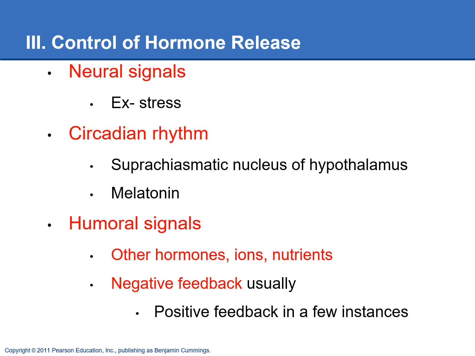So other hormones, so for example, hypothalamic hormones can control the release of the anterior pituitary hormones. And then ions and nutrients can control the release of some hormones. And then negative feedback is used a lot to control hormone release. And then in a few instances, positive feedback is used.